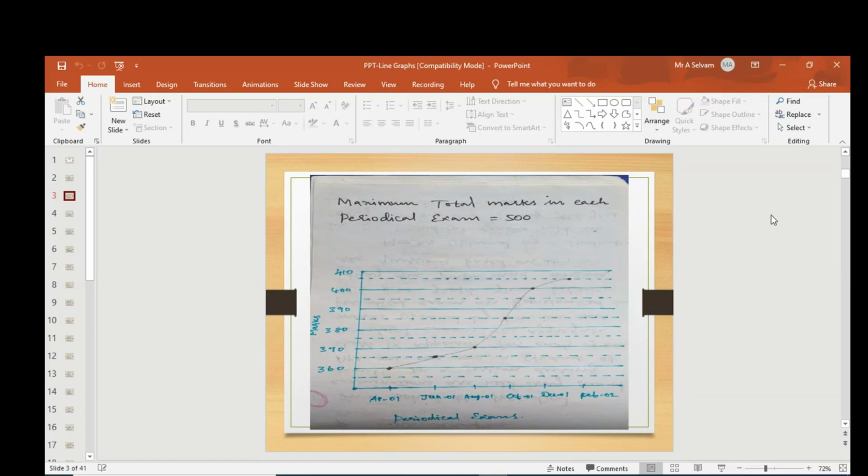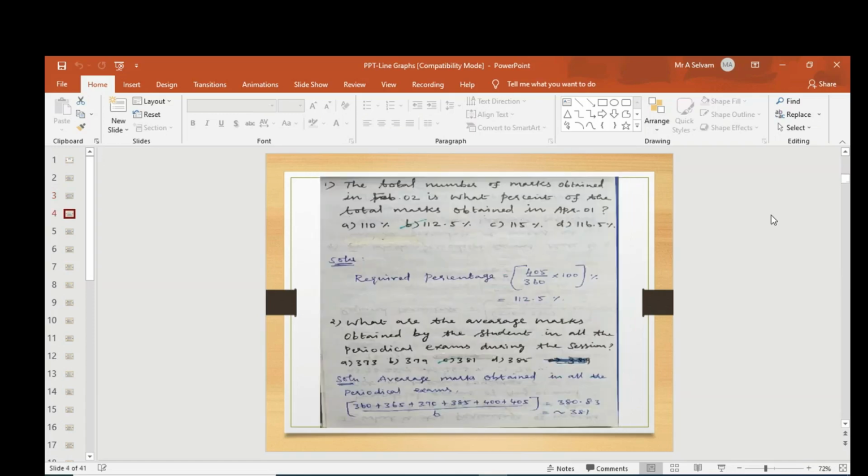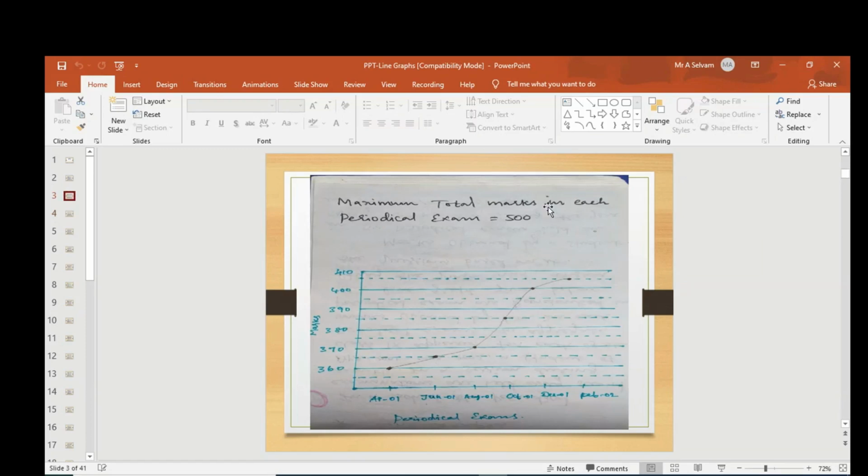Fine. So now shall we go for the questions part? Question number 1. The total number of marks obtained in February 2002 is what percentage of the total marks obtained in April 2001? So look at the x-axis: periodical exams, and on the y-axis, marks. In April 2001, how much mark? 360.